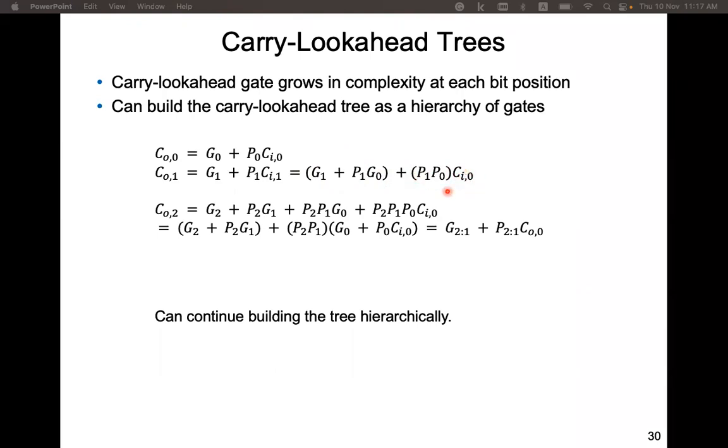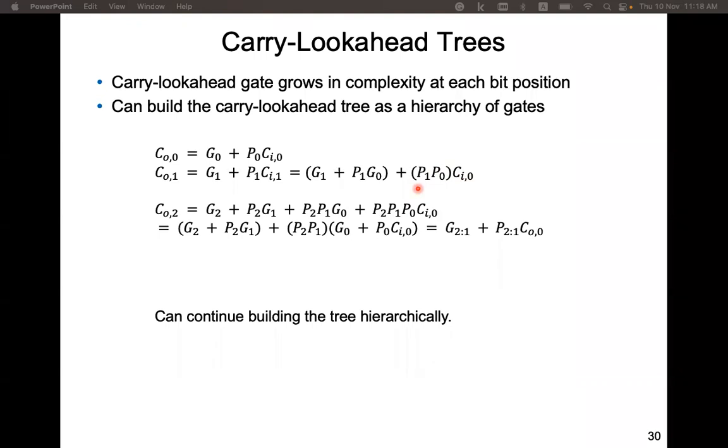CI0 may propagate to the output of this group when P1 P0 is true, that is, when this group propagates. This is the group generate and group propagate concept. Just like a tree, we have a group, the big one, 1 to 0.